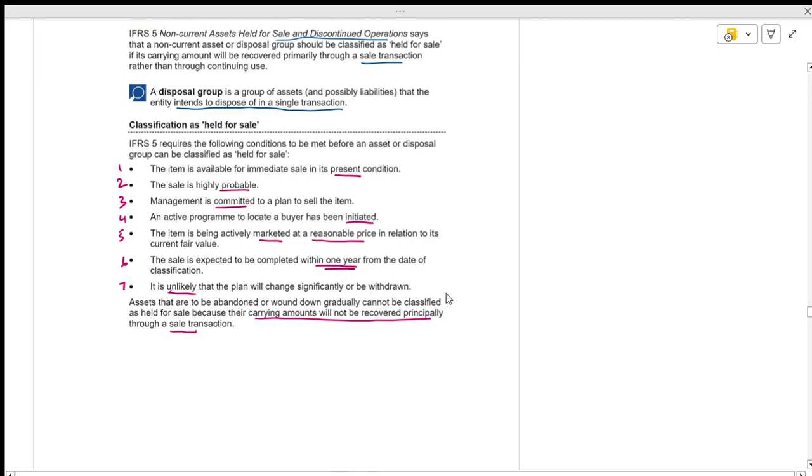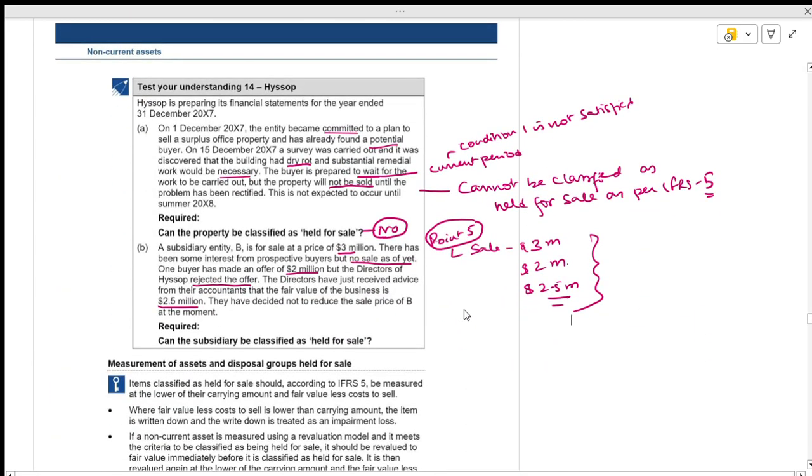Okay, fine. The active program to locate the buyer is initiated. But it is unlikely that the plan will be changed. Fine, that is not the case. The sale is expected to be completed within 1 year from the date of classification. So everything is fine, but it is not a reasonable price.